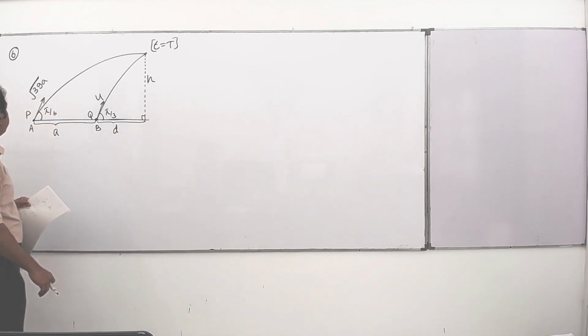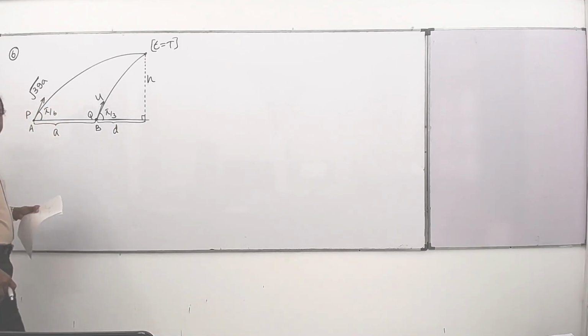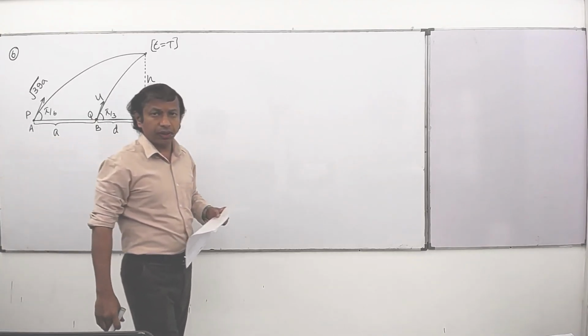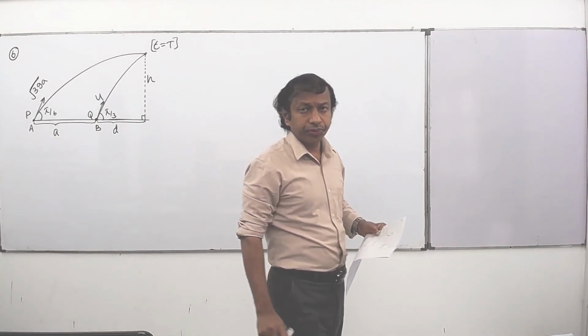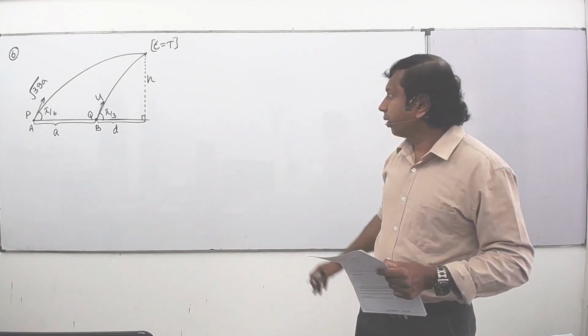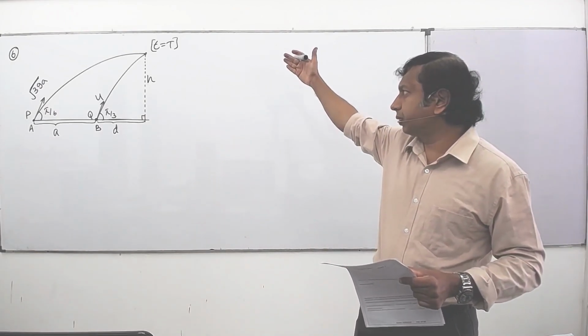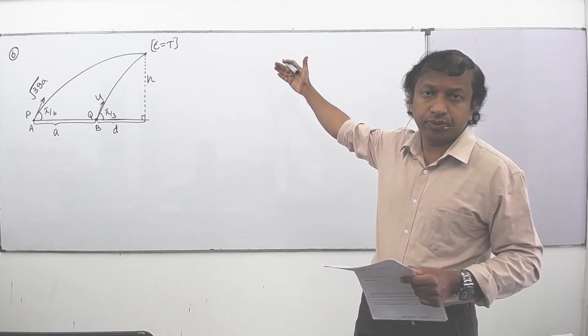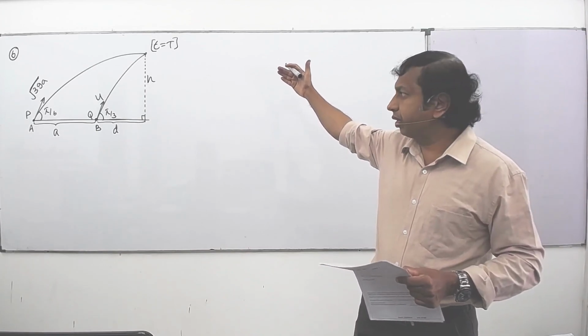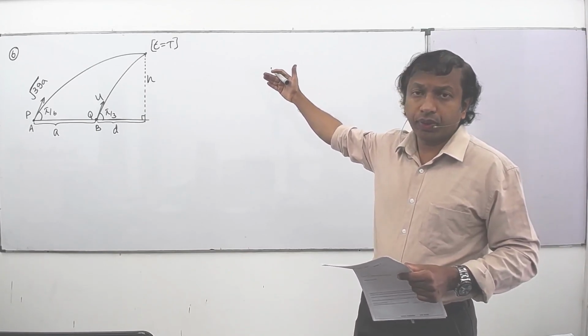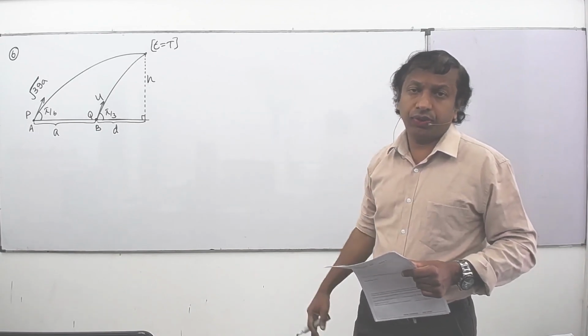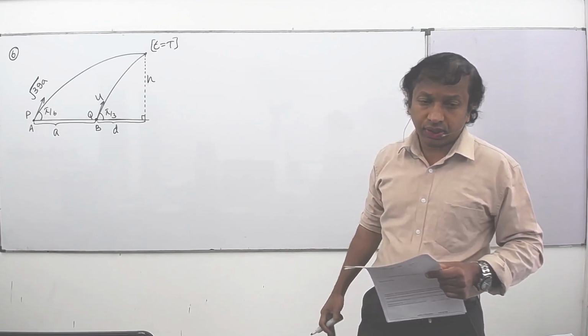Right. Now, the time taken by the particles is equal for their collision, and the vertical displacement is equal for both. In the first occasion, we apply for both P and Q the equation of motion S equals ut plus half at squared vertically upwards.